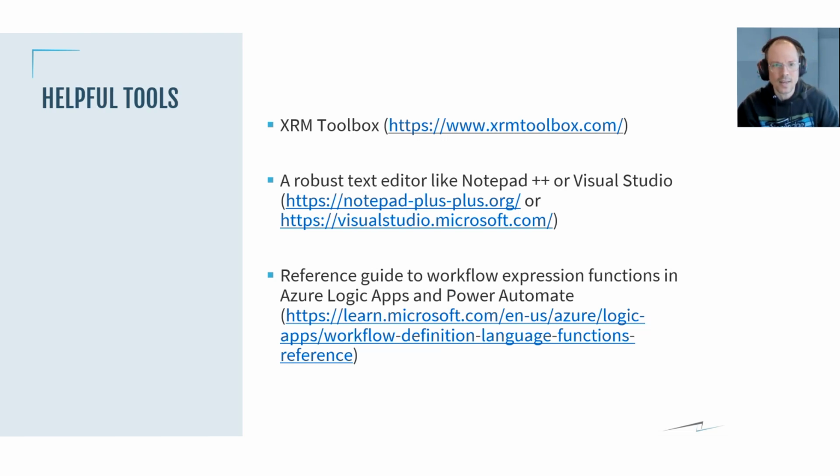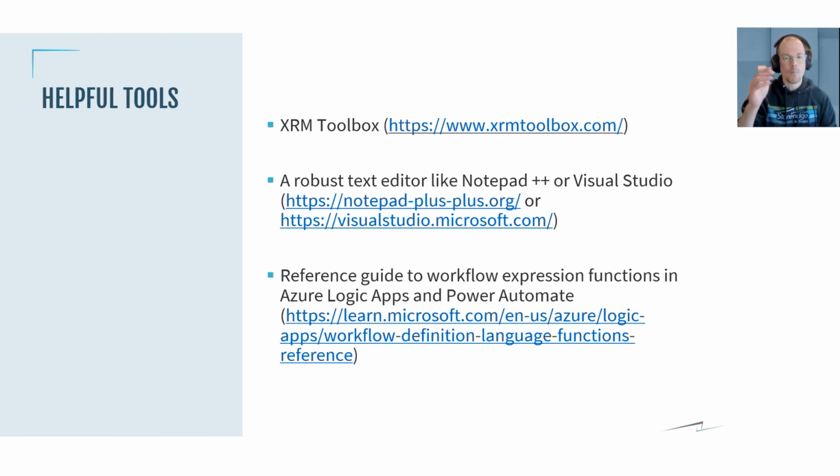The next thing that is invaluable that we use, pretty much every single time that we build out Power Automate processes, is a robust text editor like Notepad++ or Visual Studio. The third tool that I'm going to reference is the reference guide to flow expressions. We'll talk a little bit later about what expressions are, when you can use them, what they can do.